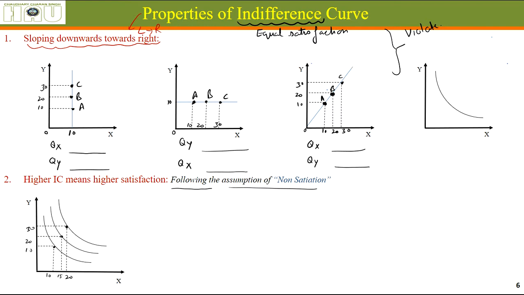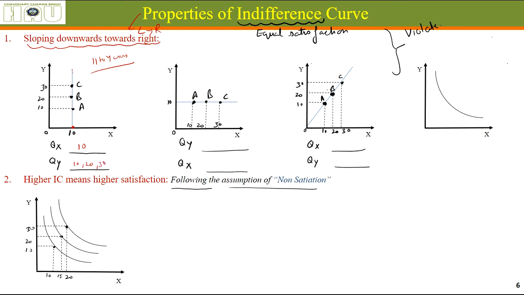In these three cases, let's say quantity of x is the same. If somebody asks, can the shape of an indifference curve be parallel to the y-axis? No, it cannot be. Why? Because in this case the quantity of x is the same and quantity of y is increasing: 10, 20 and 30.